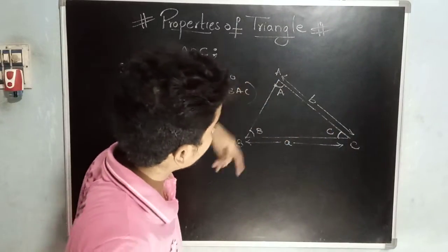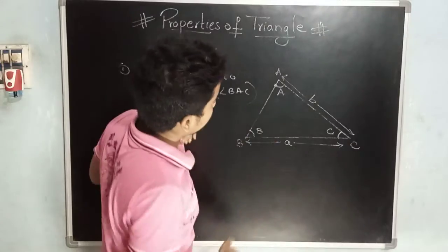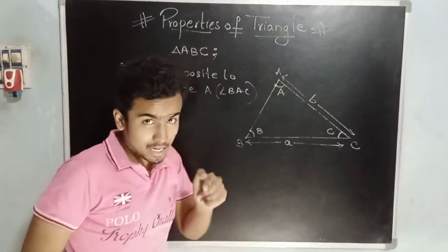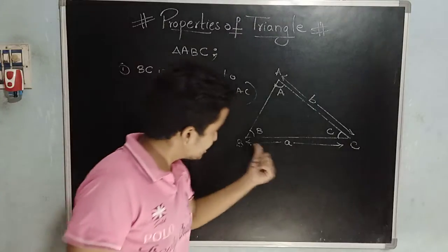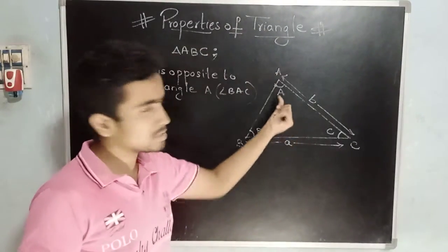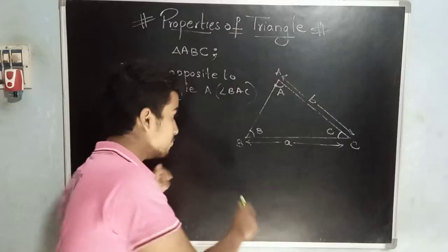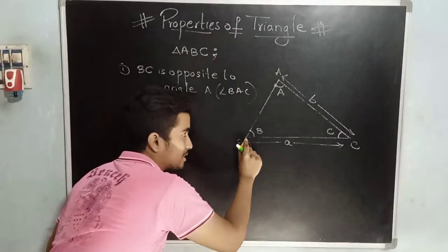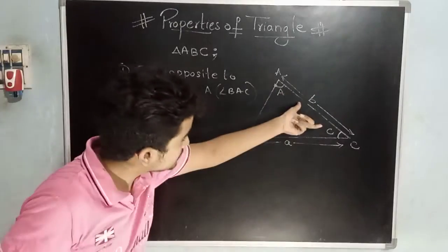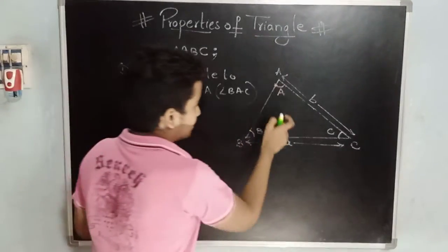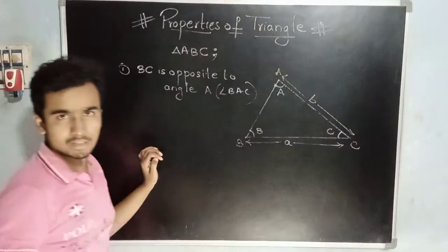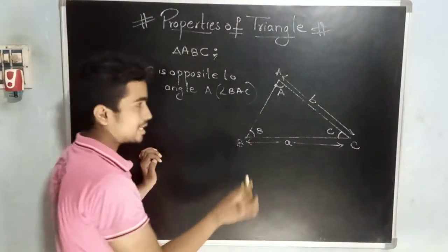For angle A, the side that our eye sees when looking through this vertex is BC, so it is treated as opposite to angle A. Similarly, when we look through vertex B, the side we see is AC, whose length is taken as small b.